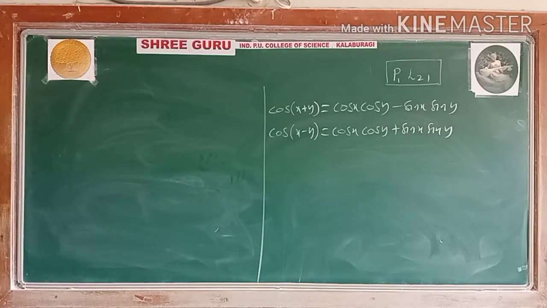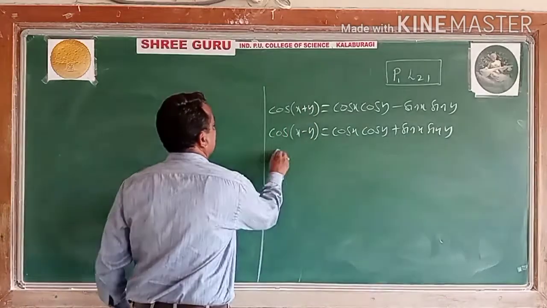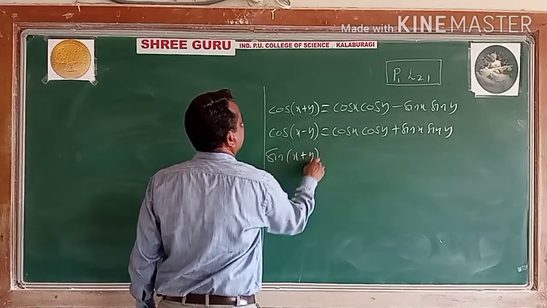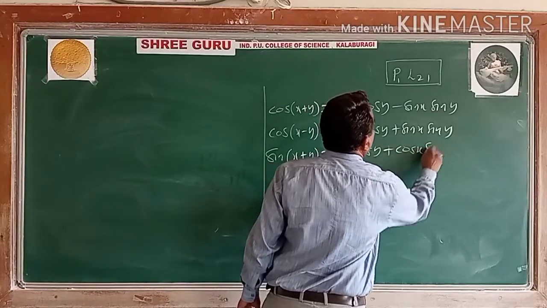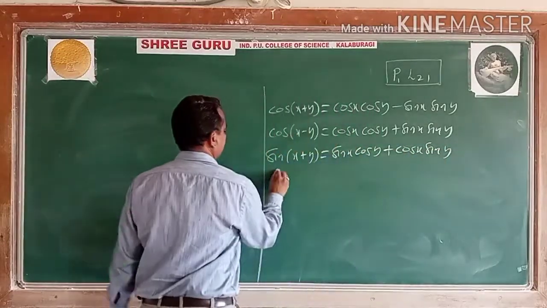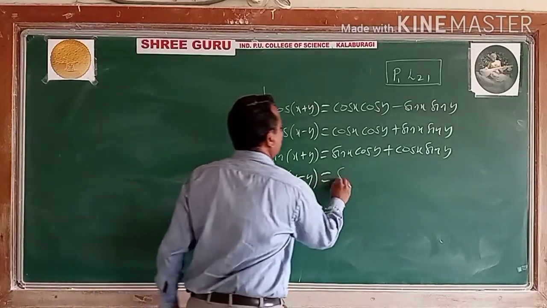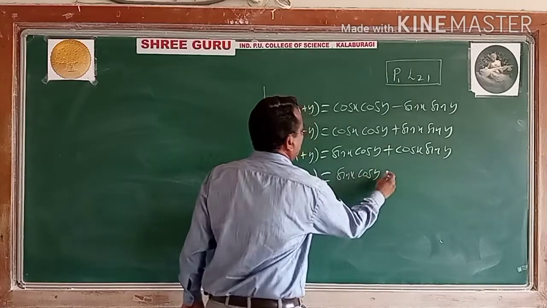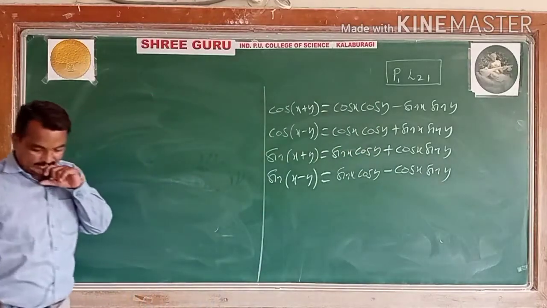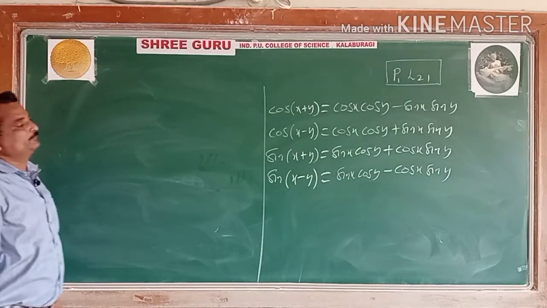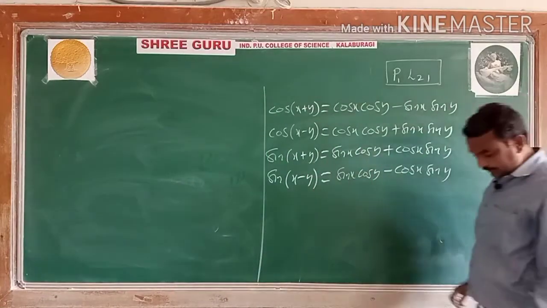Next, sin of x plus y is sin x into cos y plus cos x into sin y, and sin of x minus y is sin x into cos y minus cos x into sin y.